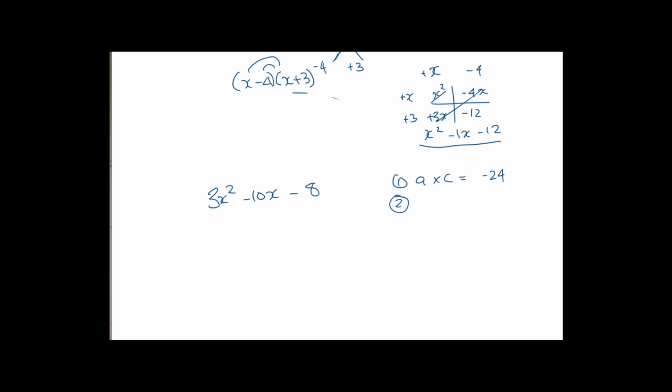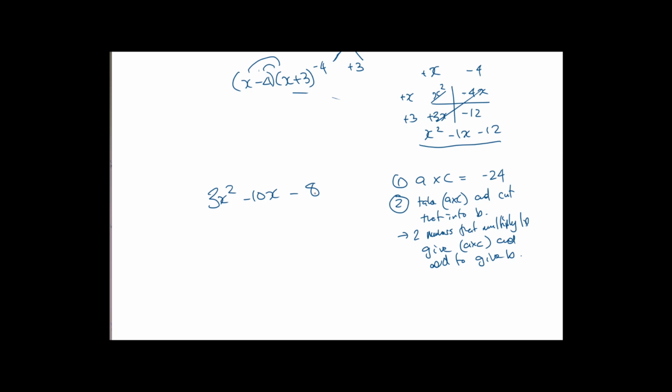Second step is we take this negative 24, A times C, and cut that into B. What I mean by that is find two numbers that multiply to give A times C and add to give B.